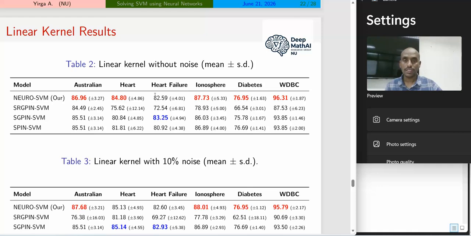It's only on the heart failure dataset that it lost. This is for the linear kernel without noise, because we performed the experiment with different types of kernel, linear and RBF, in the presence and in the absence of noise. So this one shows the linear kernel without noise.